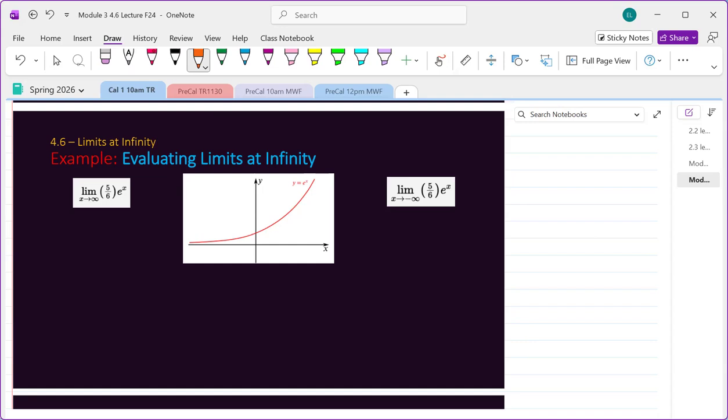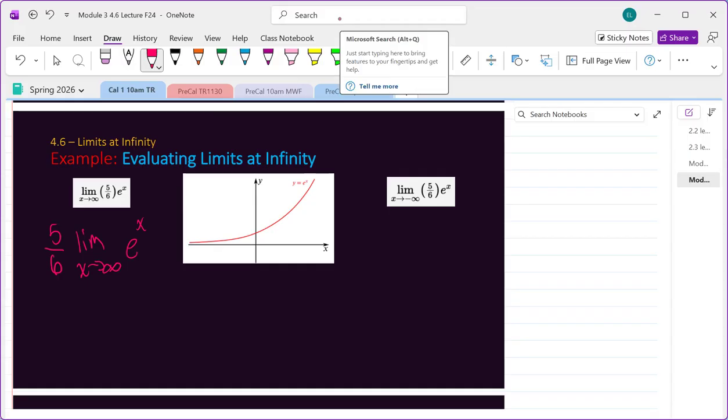Looking at my behavior on e to the x, this is just a positive constant being multiplied to e to the x, so I can pull the 5/6 outside of the limit, and use my knowledge of the original graph. The limit as x approaches infinity of e to the x is infinity. 5/6 times infinity is still infinity.